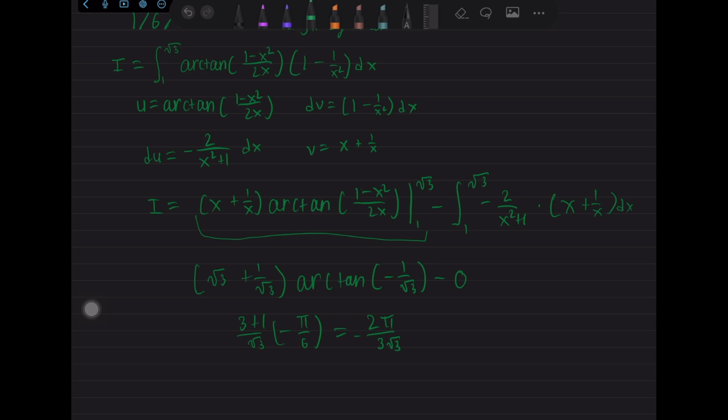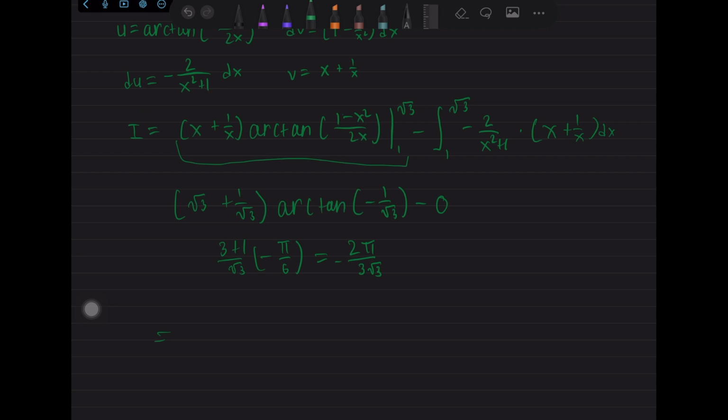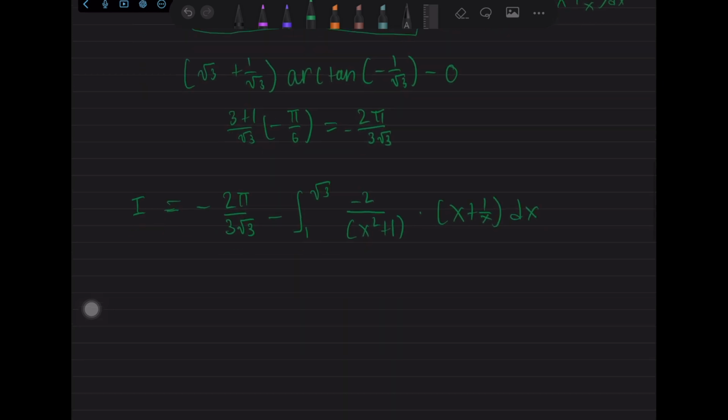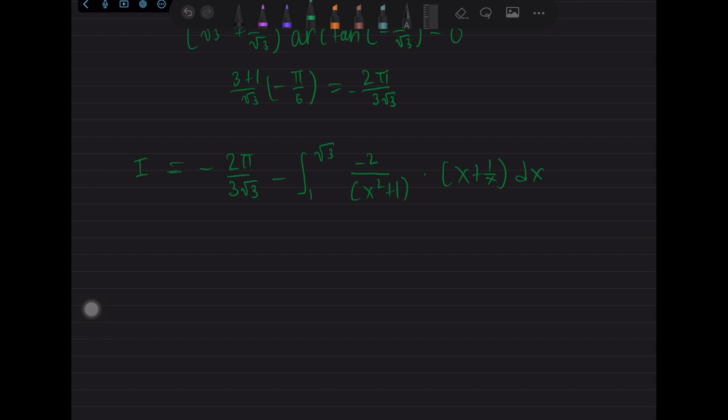Okay, so now that we have that, we can come down here and write I is equal to negative 2 pi over 3 root 3, minus the integral from 1 to root 3 of negative 2 over x squared plus 1 times x plus 1 over x dx. Okay, now we just need to solve this second integral.